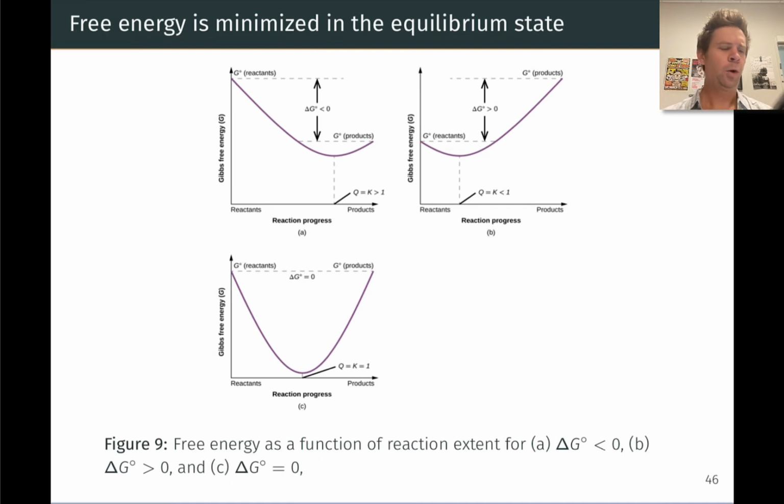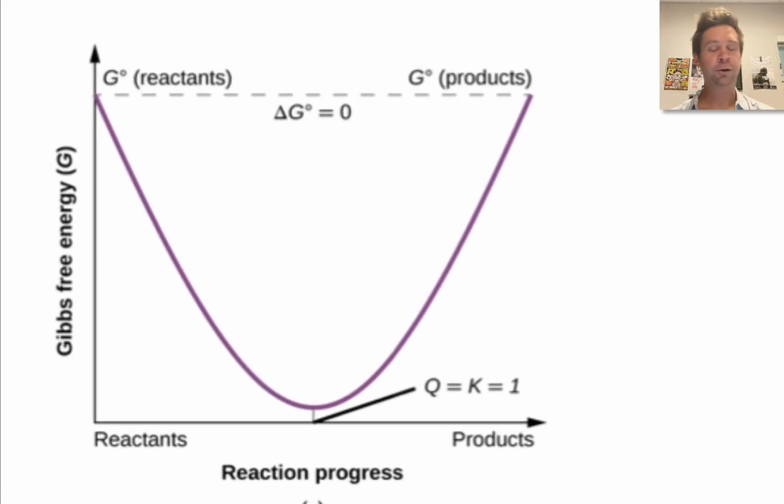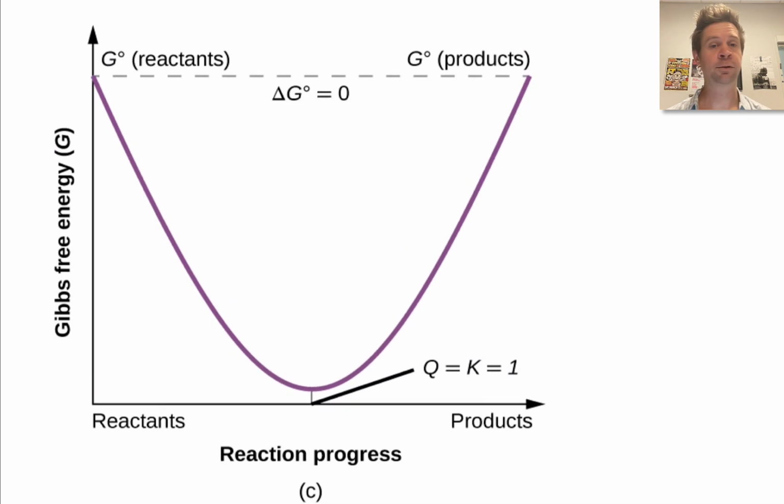And so what we're seeing here is a graph of the free energy of the chemical system as a whole as a function of reaction process for the three different possibilities for ΔG0. ΔG0 is equal to 0, positive, or negative. And I wanted to start with the 0 graph here.